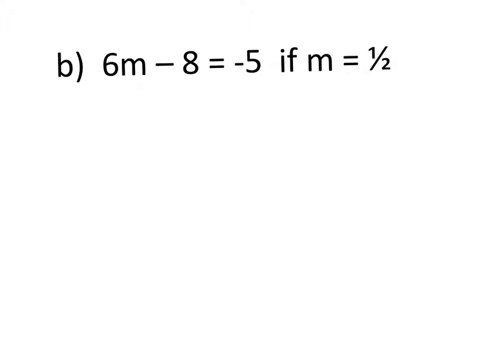Okay? All right, so let's go to the next one here and look at this one. Same concept. We're just going to take this guy and plug it in and see if it works. So I'm going to take this and plug it in for the m. So 6 times 1/2 minus 8 equals -5. Okay, so again, I'm going to be working this side of my equation over here, and I'm going to work it out using PEMDAS rules. So I'm going to take half of 6, because we do our multiplication first.